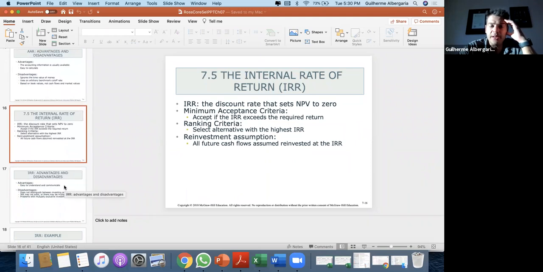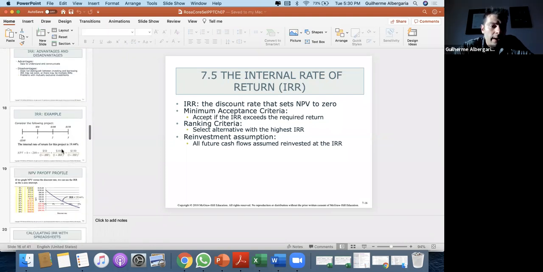You will accept the project if the internal rate of return exceeds the required return. So if that business was 12%, big deal. For you to accept, if you use the internal rate of return approach, you want to have 13%, 14%, or any value that's above 12%.